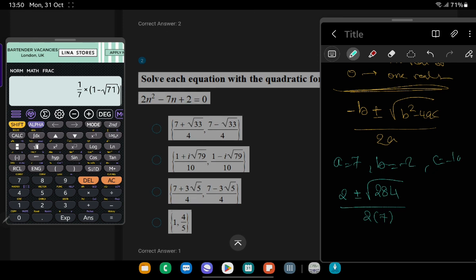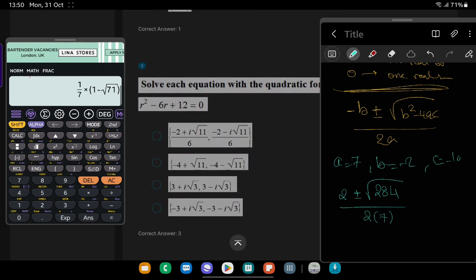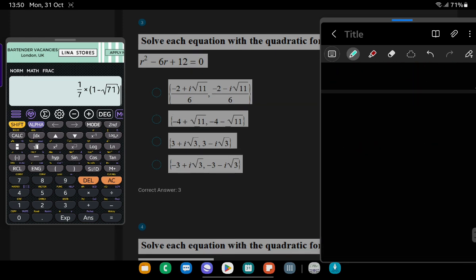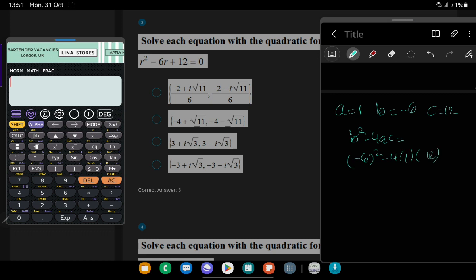Let's try another one with imaginary solutions like this one. Do you remember the two parts? First, a equals 1, b equals negative 6, c equals 12. Then b squared minus 4ac, to know how many solutions you have. b squared minus 4ac is negative 6 squared minus 4 times 1 times 12. b squared was 36, minus 4 times 1 times 12, which is 48.